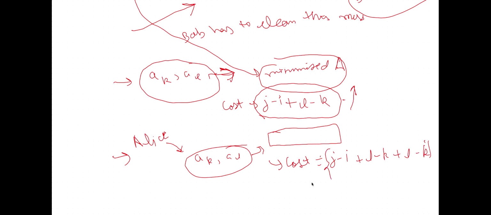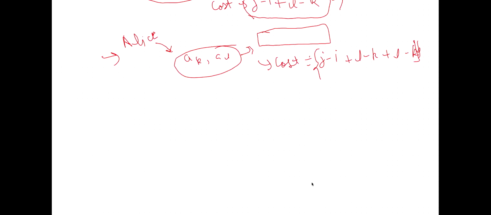Now if Bob comes in the fourth operation and tries to minimize the equation again, in the fifth operation, Alice will nullify his operation and the cost will be even more.